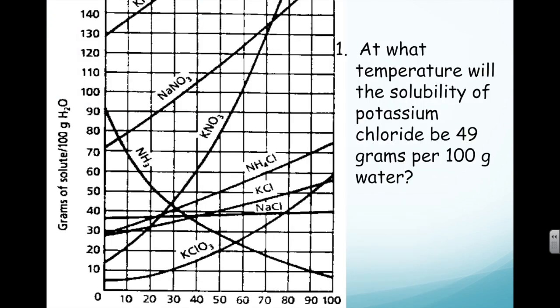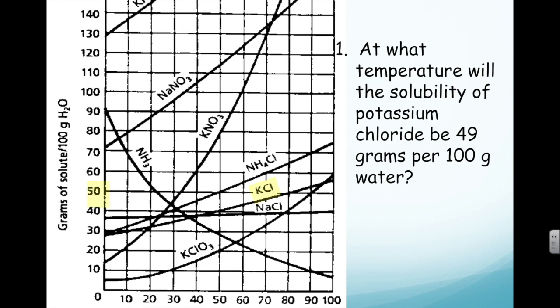So, at what temperature will the solubility of potassium chloride be 49 grams per 100 grams of water? We find potassium chloride right here, and we identify its curve, and we ignore all the other lines. And then we look at 49 grams.